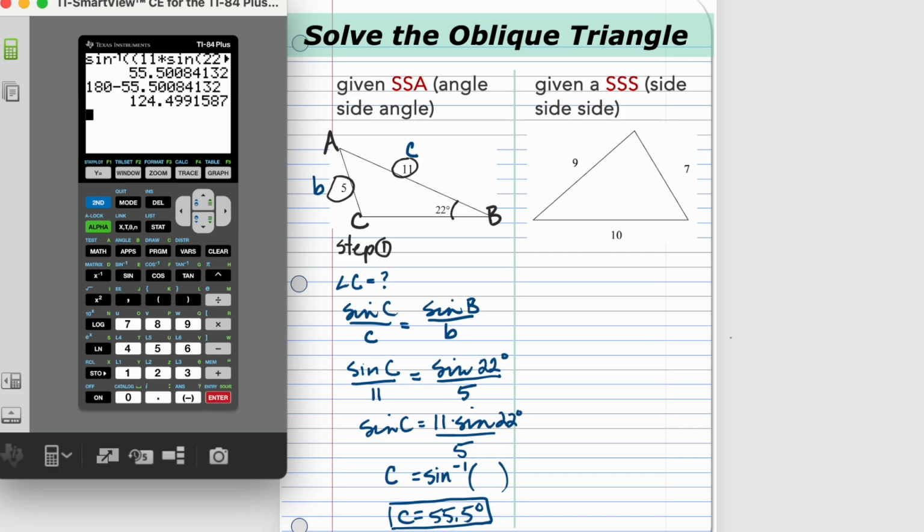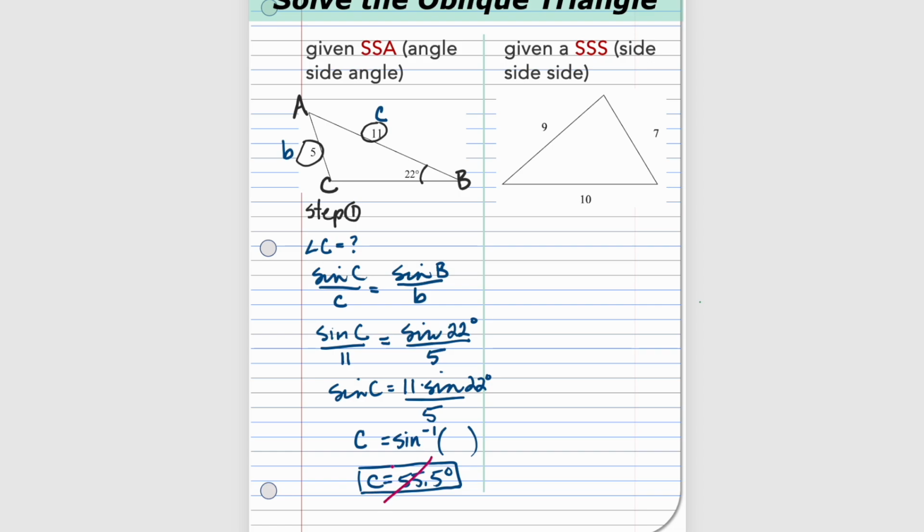The angle is 124.5 that we're going to use. We won't use that one. We'll use 124.5 degrees for angle C. And don't worry, I'll show you why that happens in the third set of examples.